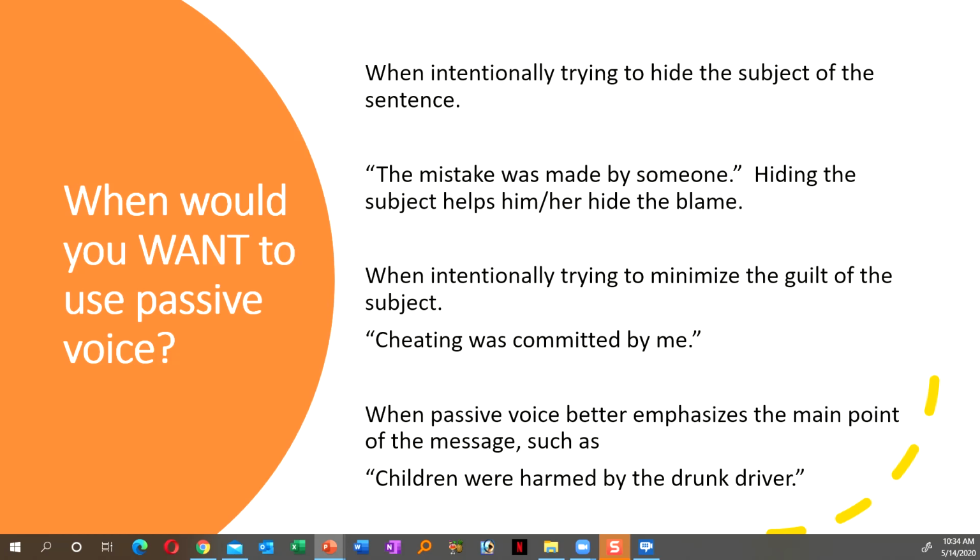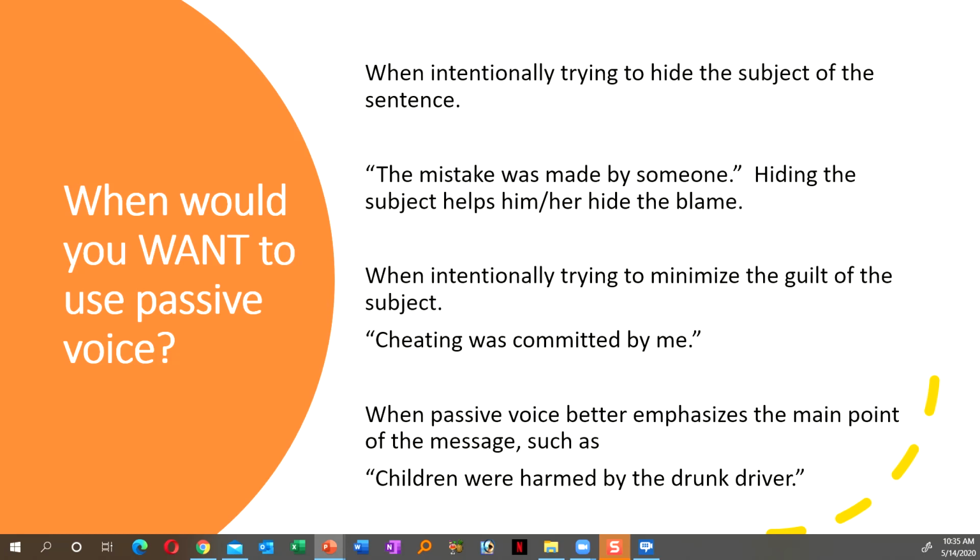So the object here really is not the subject, it's the object. Okay? So when intentionally trying to minimize the guilt of the subject, you can say cheating was committed by me, right? So me should be the subject, but here it's not. It's completely switched over. Okay, so passive voice is also used when it better emphasizes the main point of the message, such as children were harmed by the drunk driver, right?